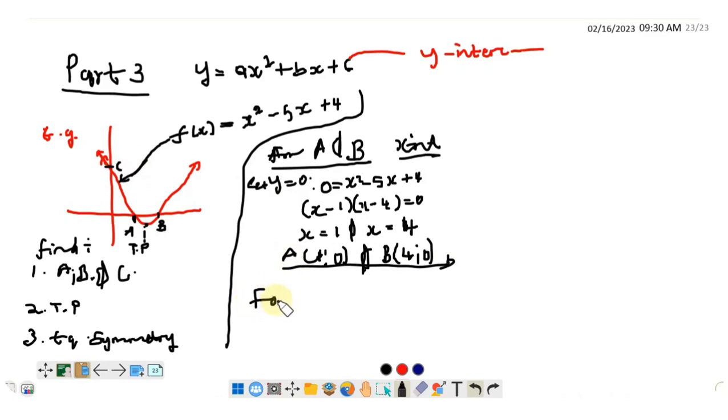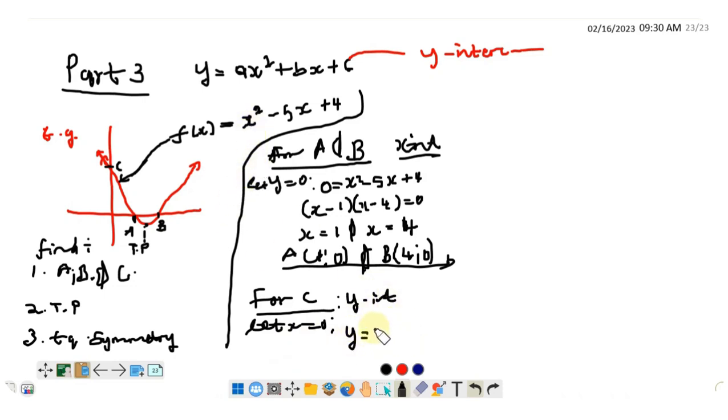For C, that is the y-intercept. So for the y-intercept, we let x equal 0, right? We let x be 0 and solve for the y value.